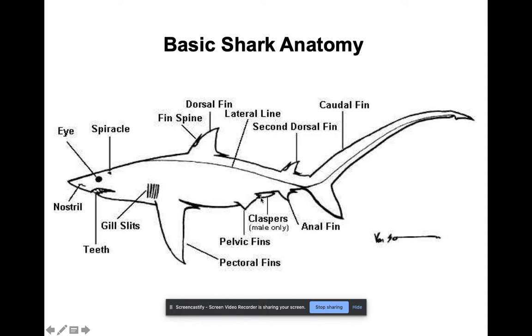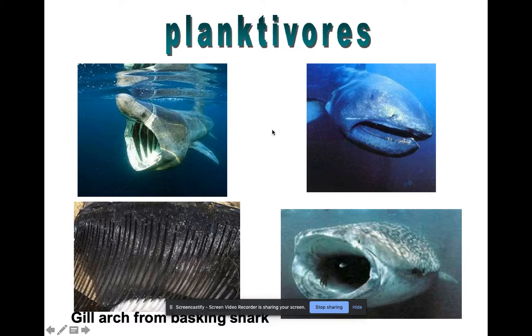These claspers are bony fins on the ventral side, and as the name implies, they're used in reproduction, to help clasp onto the female genitalia and ejaculate the sperm. Kind of neat. Pelvic and pectoral fins.